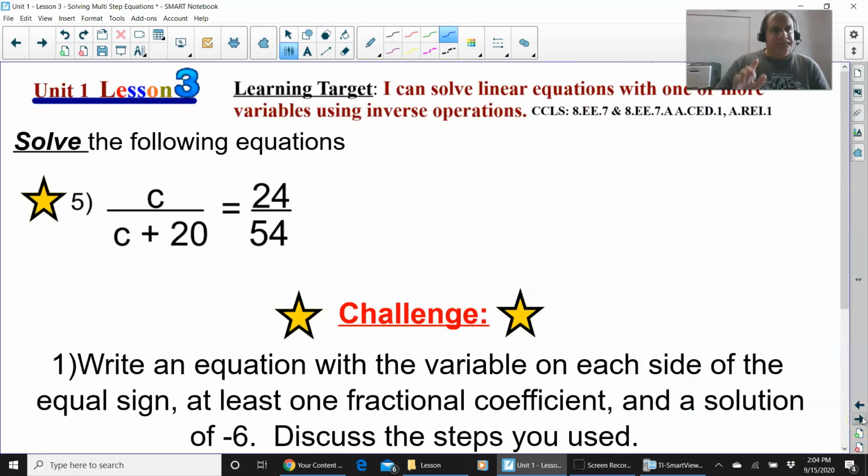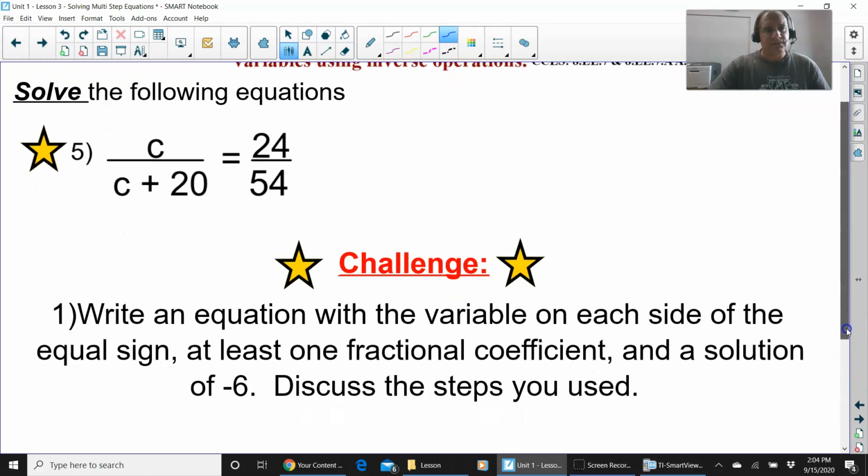Alrighty. Alright, number 5. It looks like this, and we are going to do this one together and then skip the challenge. So looking at number 5, we take a look at this, and what is this? This is a proportion, right? You have an equal sign in the middle. So just make it easy for yourself and cross multiply, right? So c times 54 is 54c. Let me start up here.